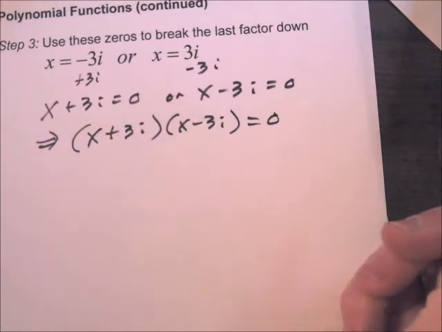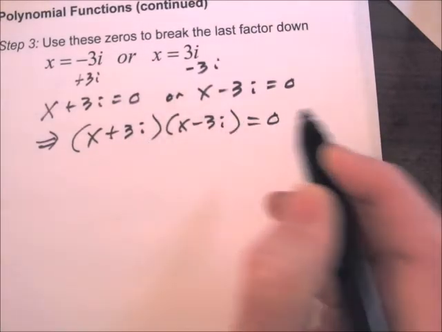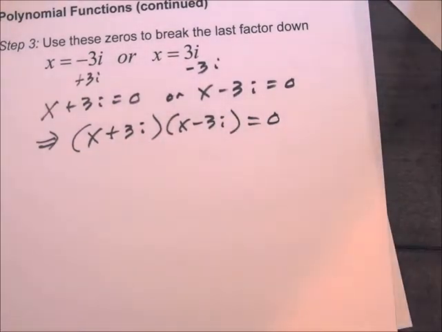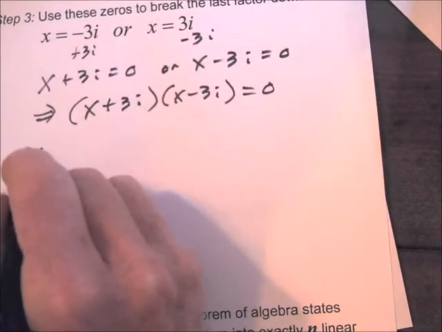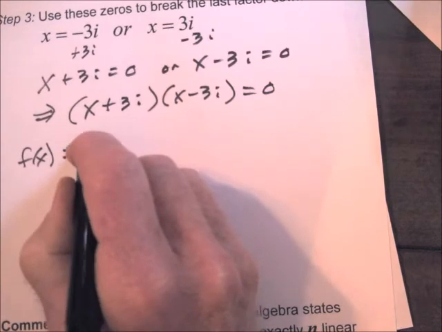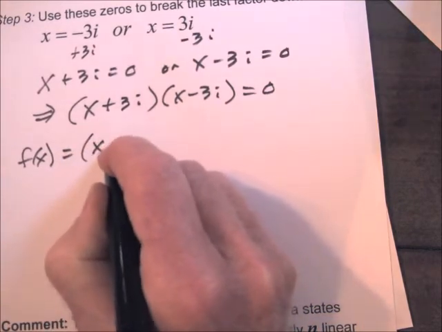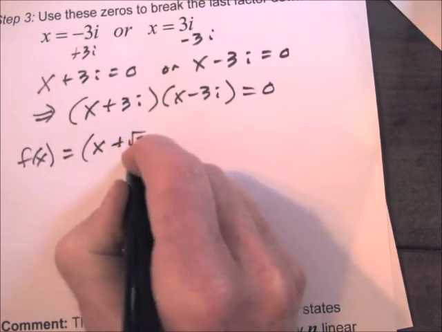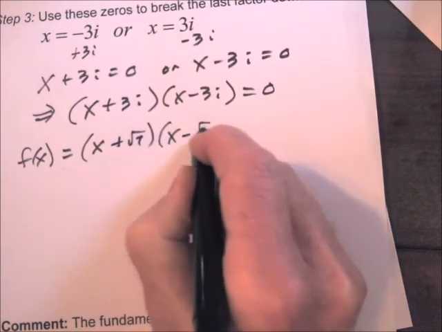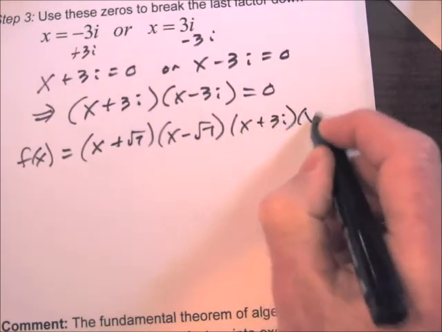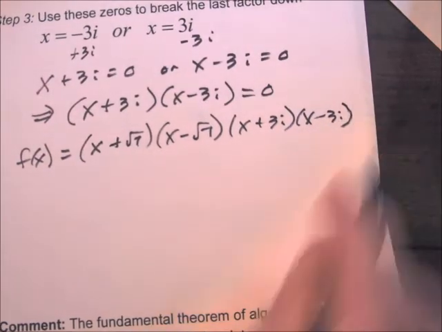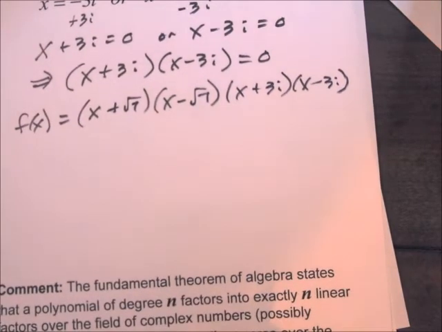And so the last factor is x plus 3i times x minus 3i. If we put it together with the other factors, we have f(x) is equal to x plus root 7, x minus root 7, x plus 3i, x minus 3i. And that's as far as we can go.